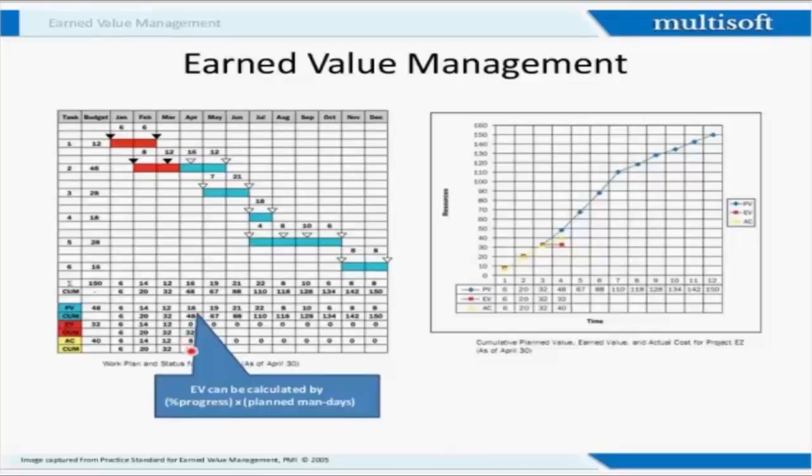So my cost variance is EV minus AC: 32 minus 40, so it is negative. It is over budget. And then EV minus PV. PV is here, around 48. Again, my earned value 32 minus 48 is not good. So we are behind schedule and over budget.